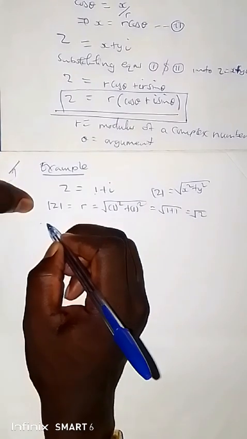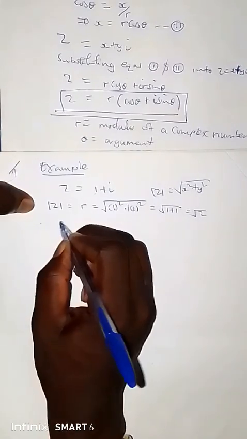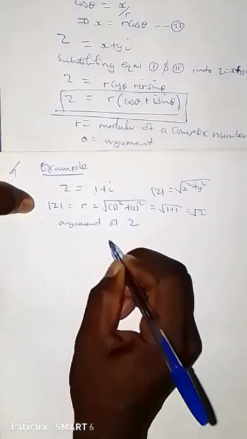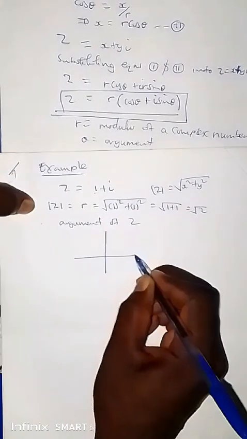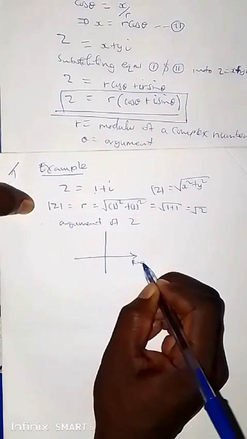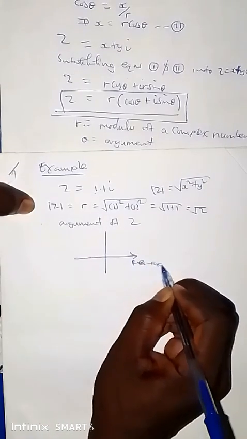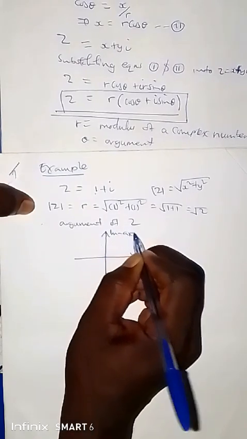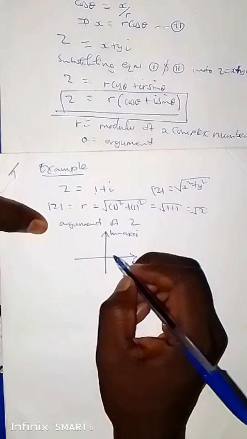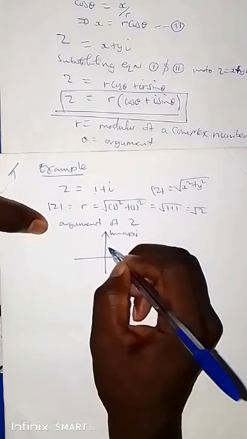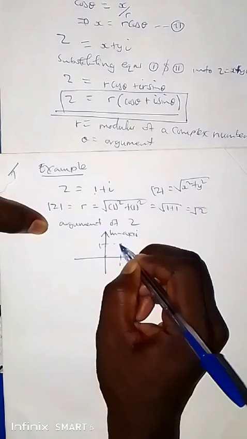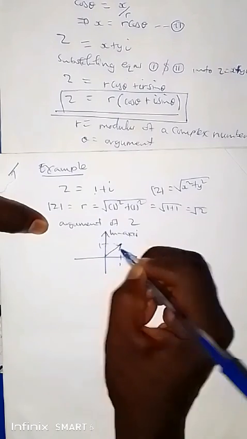How can you get the argument of z? It is always advisable to first plot this. If this is the real axis, then this is the imaginary axis. We say this is 1 and this is 1. You plot this, and this is where your complex number ends.